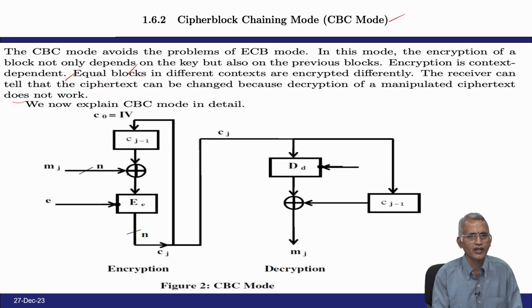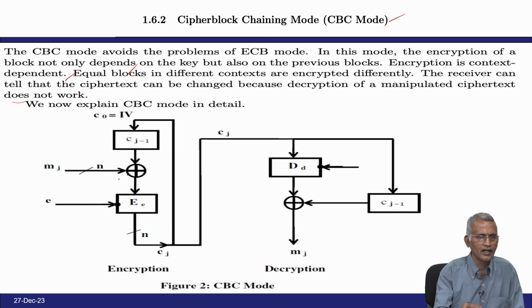Now, we are going to explain the CBC mode in detail, cipher block chaining mode in the form of a flow chart. Let us start with the code, that is, C0 equal to IV, and then Cj equals E_k of (C_{j-1} XOR m_j), under modulo n, which we encrypt and it goes to Cj.